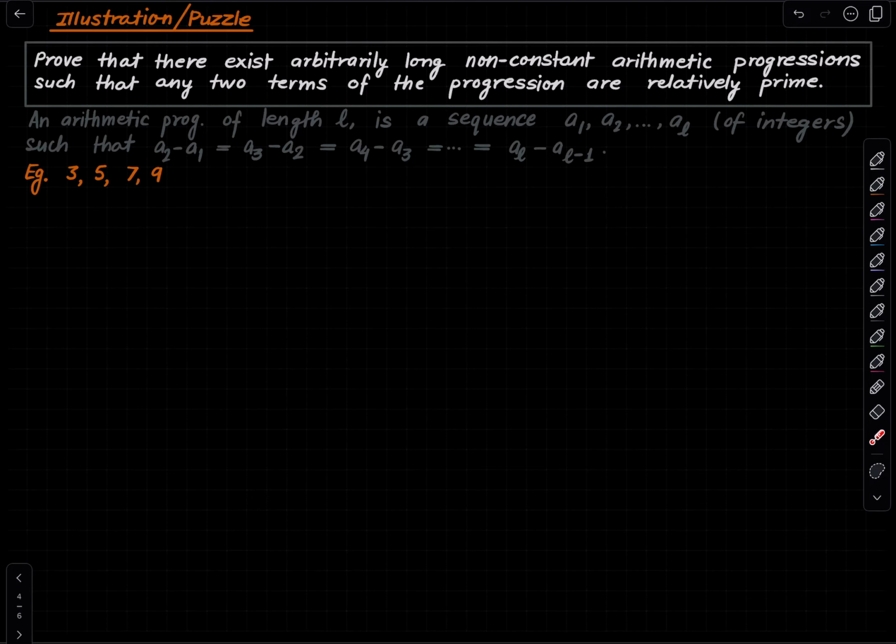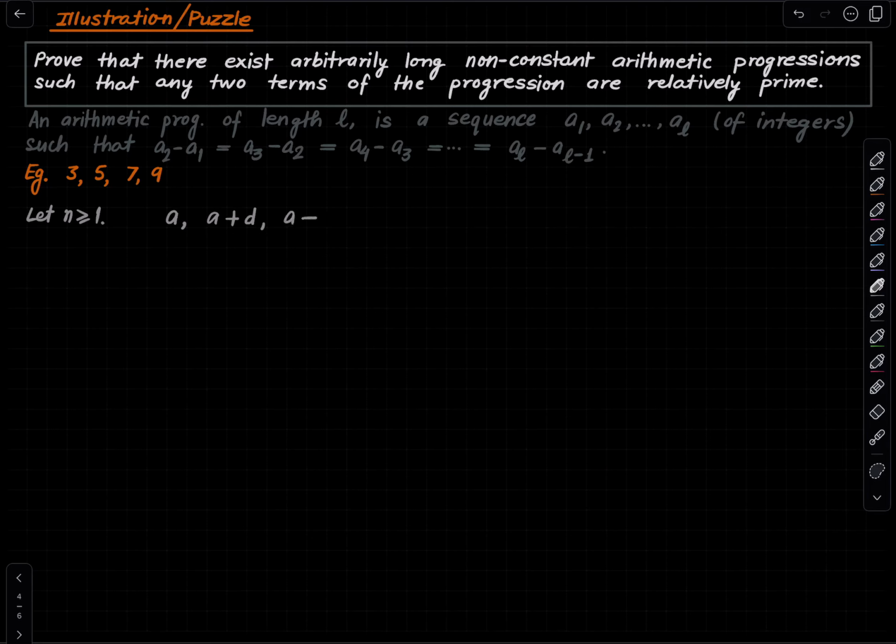So let me try to explain how we are going to go about this. Suppose we want to produce an arithmetic progression of length, let's say, some length n. Then we want to produce a sequence of this sort. The first term we may call a, the second we may call a plus d for some non-zero integer d, because we want a non-constant progression.